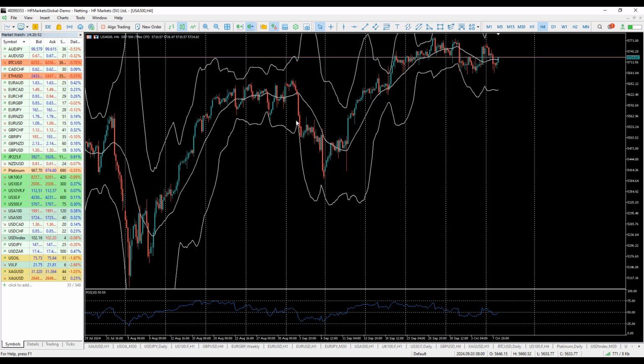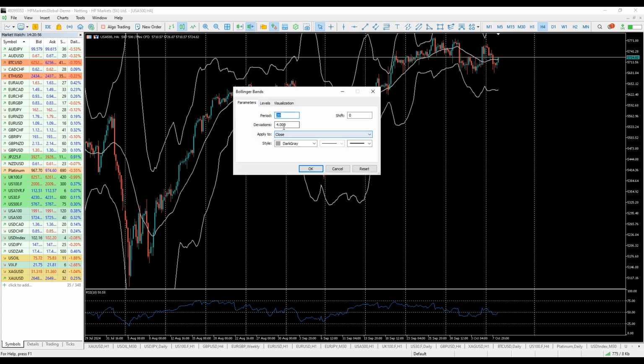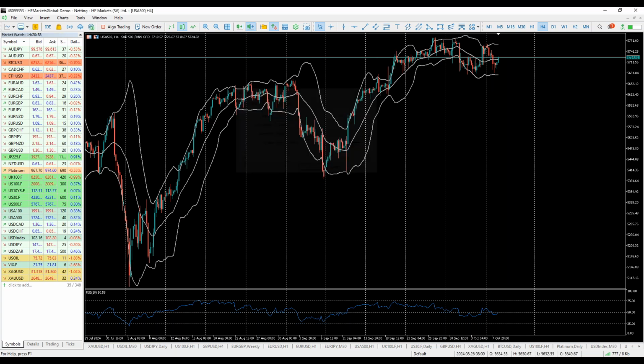Or any reversal, basically. So in this case, two standard deviations looked just fine because it helped us. You see how nice the support and resistance was, how nice this support was. The breakout trigger attention lower, right?